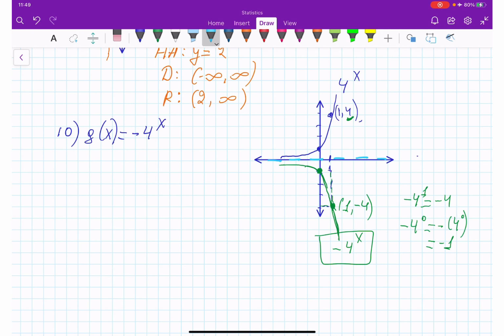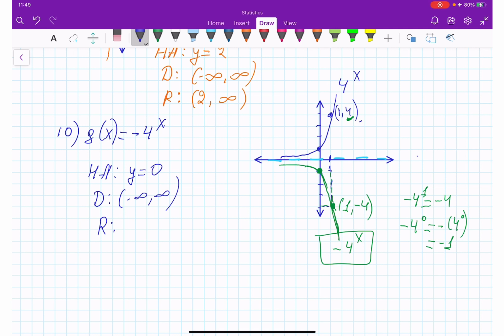Let's see. What is our asymptote here? Asymptote is still going to be y is equal to 0, right? What is going to be our domain? It's still going to be negative infinity, positive infinity. And what is going to be the range? This is interesting.